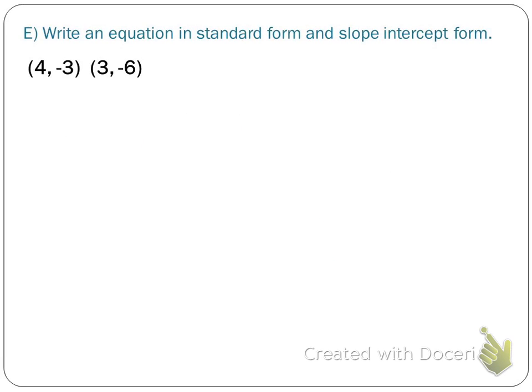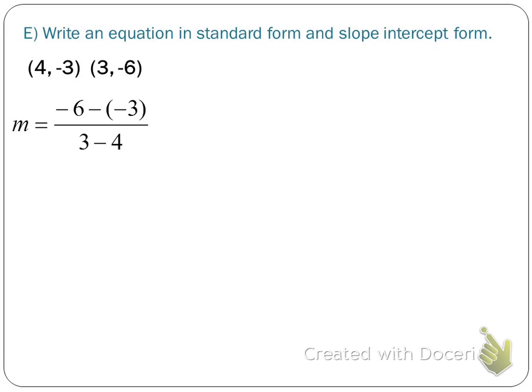All right, here's E. How should I start? Yes. -6 minus -3 and 3 minus 4. Very good. So to find our slope, we subtract the y's on top.